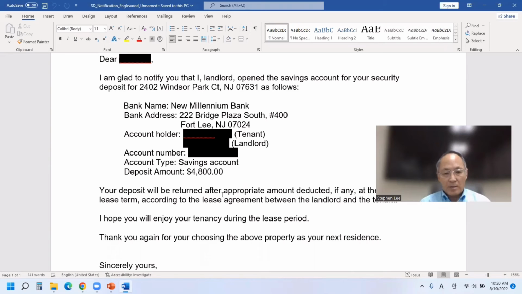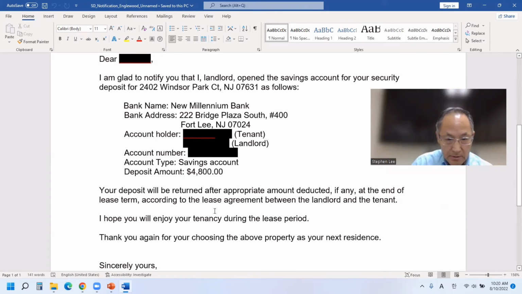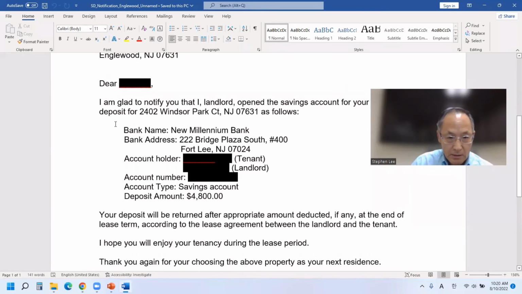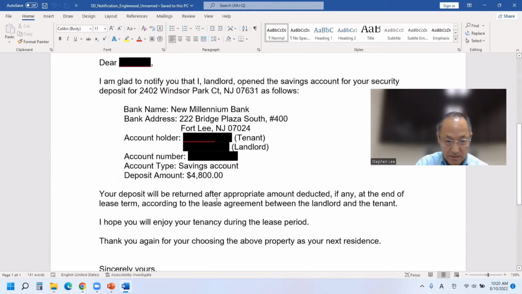So basically throughout the year, maybe a few dollars, less than a few dollars. So sometimes the law is ridiculous, but law is law. And so you can just say, in other words, as a landlord, I opened up this account for your security deposit money, and this is the bank information. That's what you have to notify to the tenant.